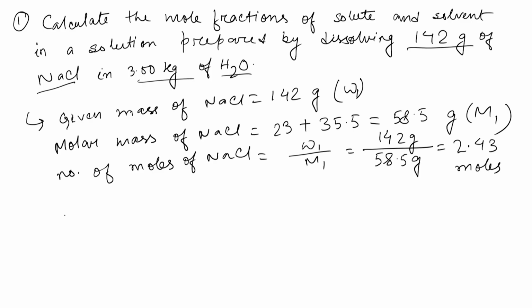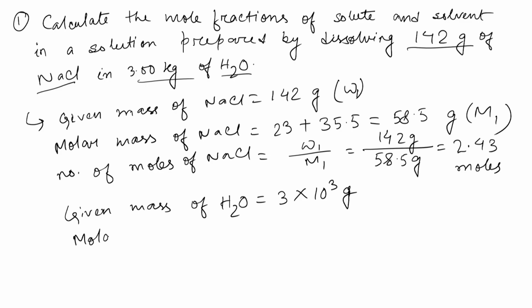Now, given the mass of water is equal to 3 kg, that is 3000 grams. The molar mass of water is equal to 2 into 1 plus 16, that is 18 grams.